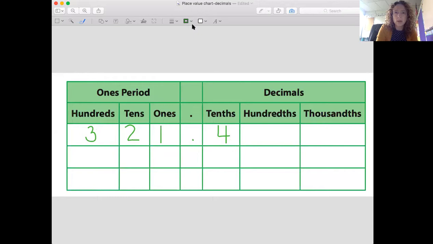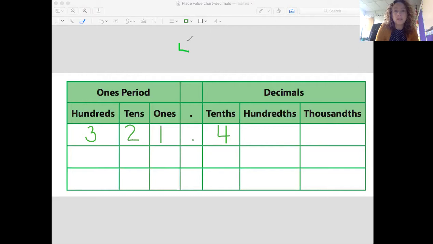Here we go. Okay. Let me use this size. Good. So when we write a number that's maybe in a regular number, how about 4? The number 4 is in the ones period and it's in the ones place. But if we added a 2 to that and made it 24, this 2 is in the tens place.